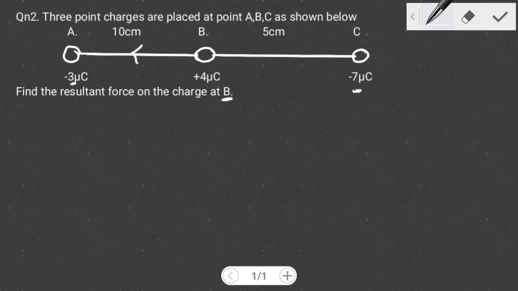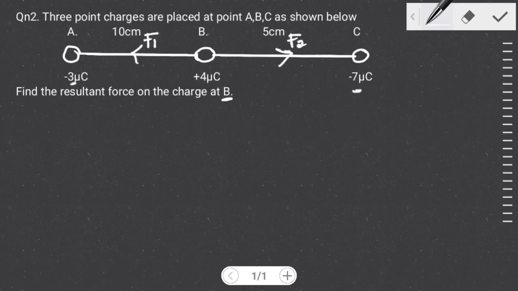This is force 1. Now let's find the direction of the force between positive 4 nC charge and negative 7 nC charge. It would be attraction, but towards the right-hand side, and therefore this would be force 2.